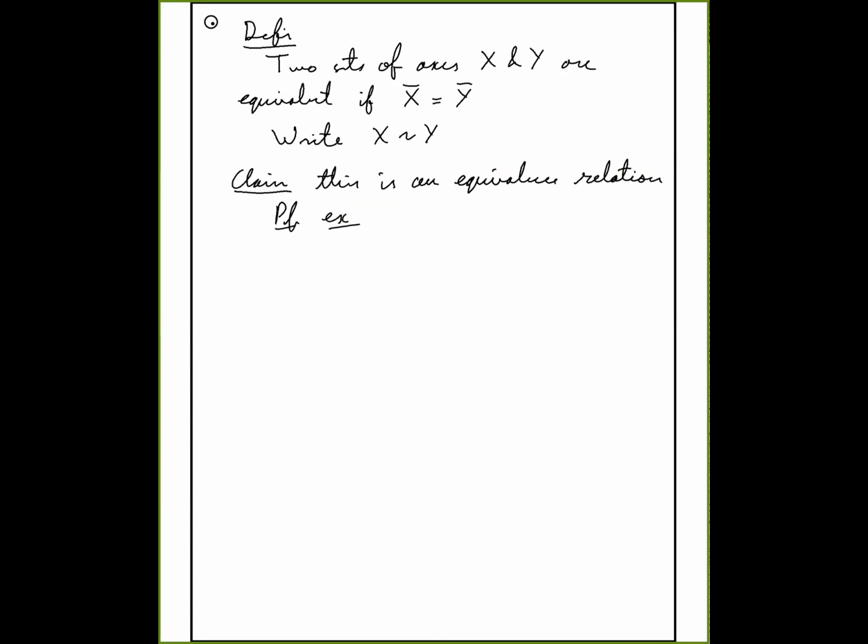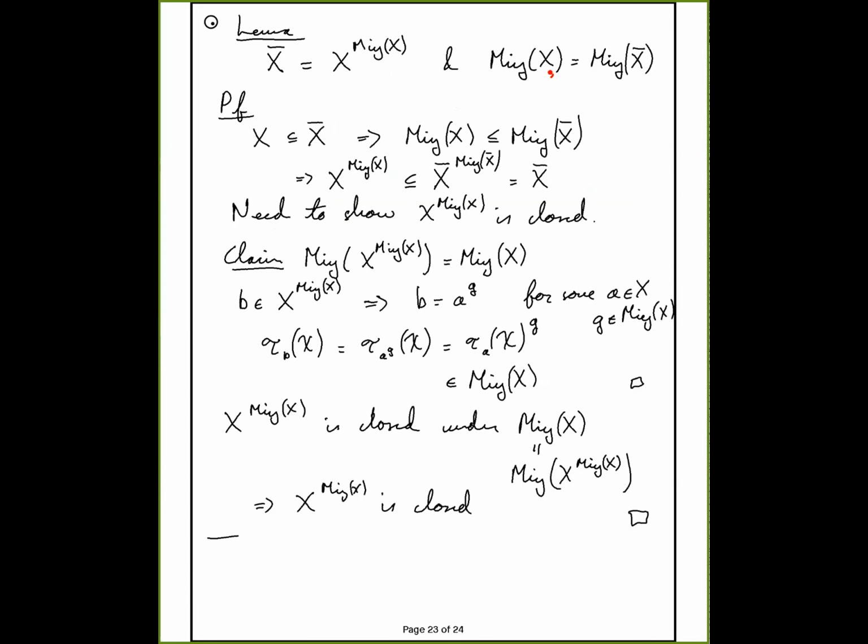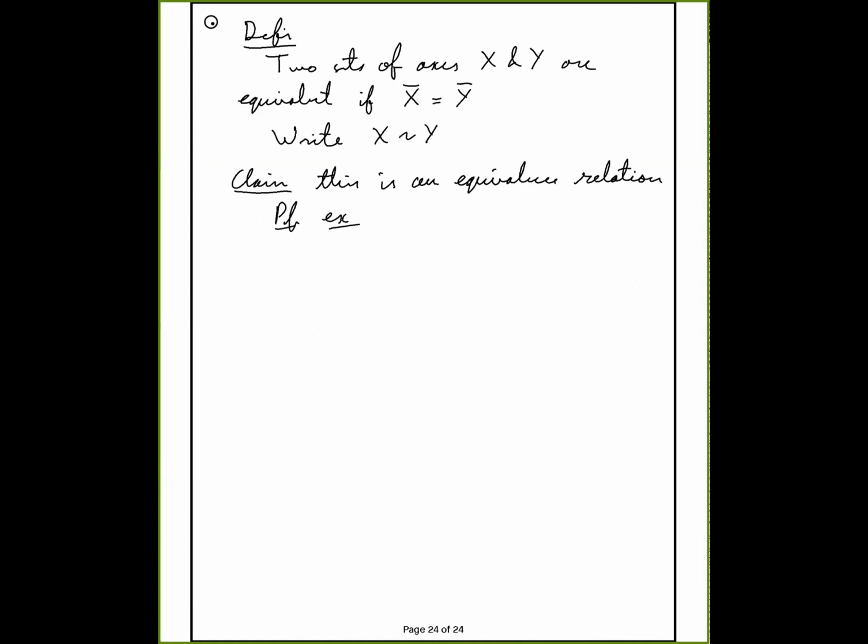Well, here I've shown that the Miyamoto group of a set is equal to the Miyamoto group of its closure. And so in particular, if two sets X and Y have the same closure, then they must have the same Miyamoto groups. So equivalent sets have the same Miyamoto groups. And so maybe this gives you a hint that we're onto something here.